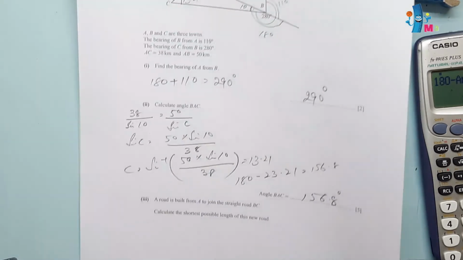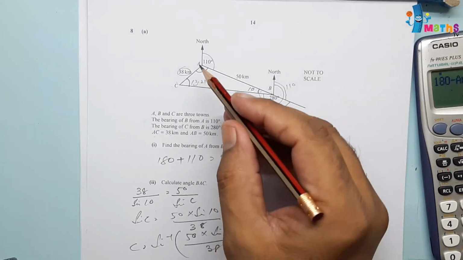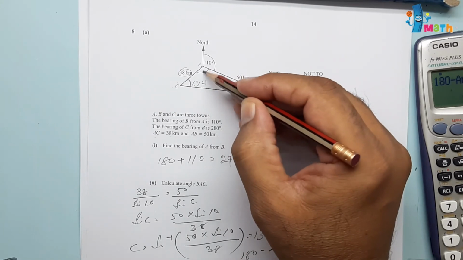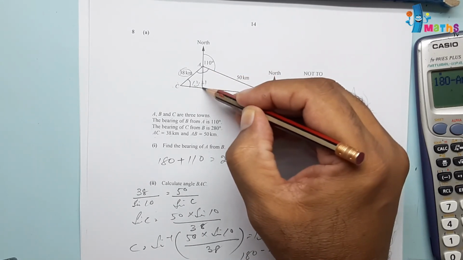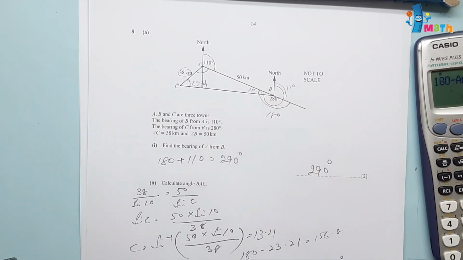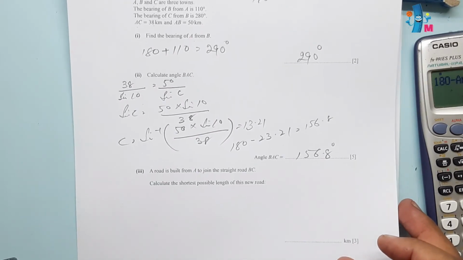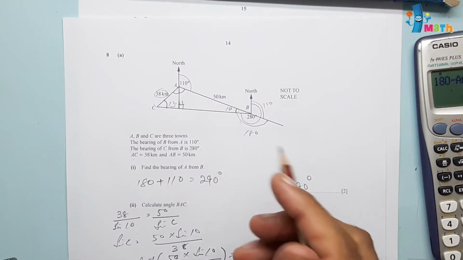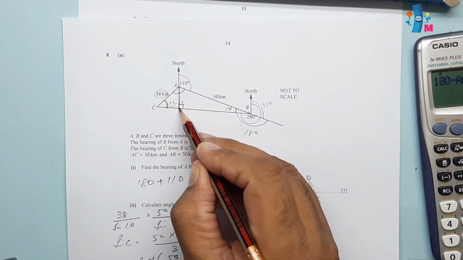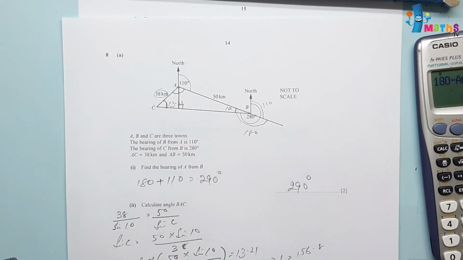Third part. A road is built from A to join the straight road BC. From A to straight road BC, like this one. So this angle will be 90 degrees. Calculate the shortest possible length of this new road. So we have to calculate this length. We can utilize this angle. We have this length, so opposite over hypotenuse will be sine.